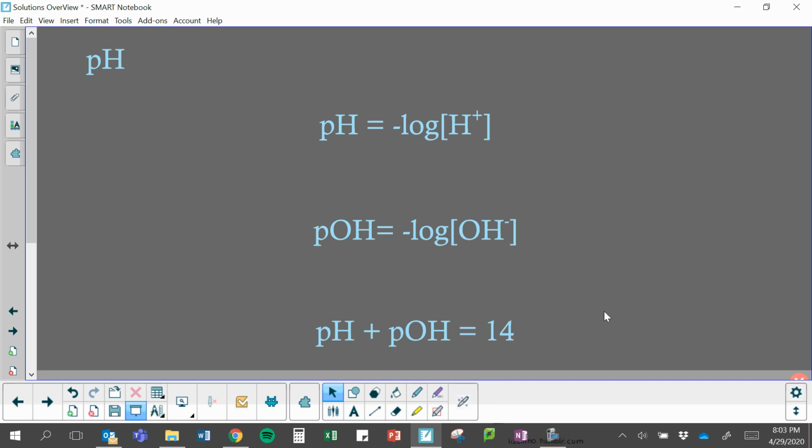So this can be helpful in determining the concentration of each of these ions. If you know how many hydrogen ions there are, you can then use this equation to figure out the pOH and then calculate how many hydroxide ions, or vice versa. So we won't be doing examples like this right now, but this is just something to keep in mind, that if you take chemistry in the future in college, they will probably have you doing calculations like this.